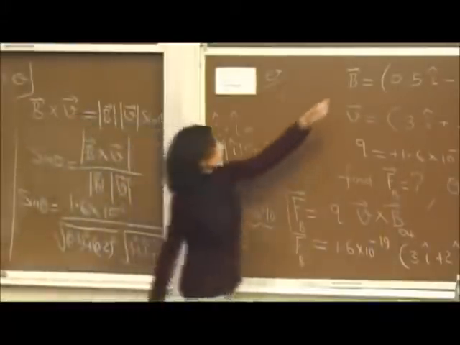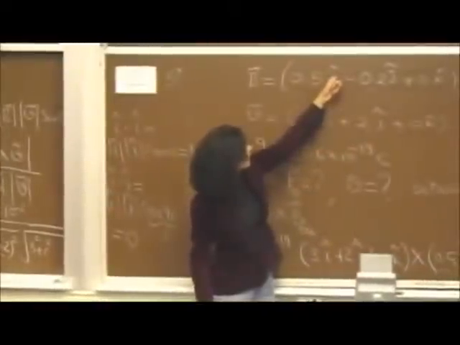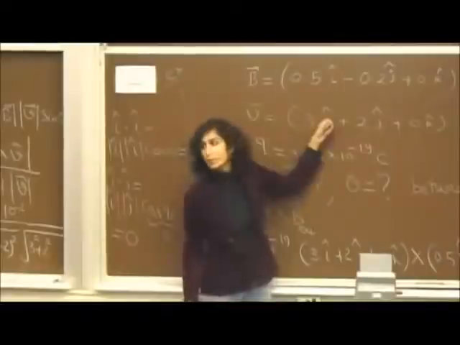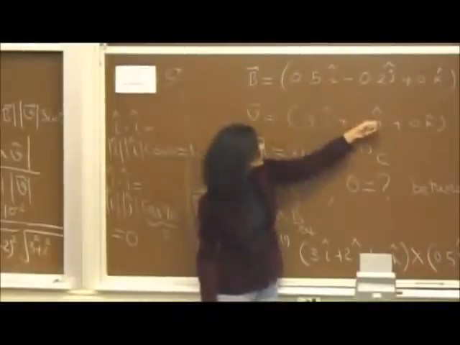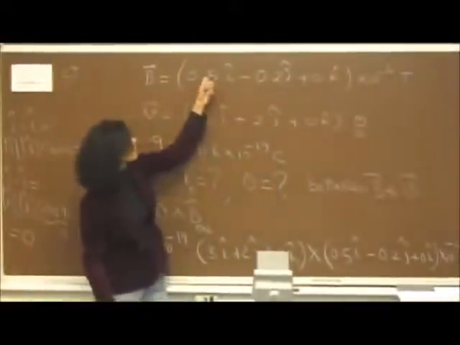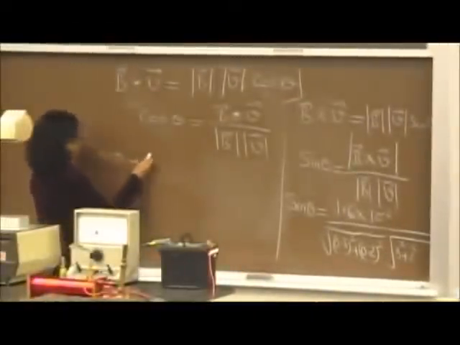So if I find B dot V, I have to do 0.5 i hat dot 3 i hat. i hat dot i hat gives me 1, i hat dot j hat gives me 0, i hat dot k hat gives me 0. So basically I have 0.5 times 3.